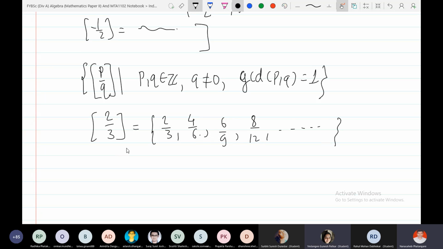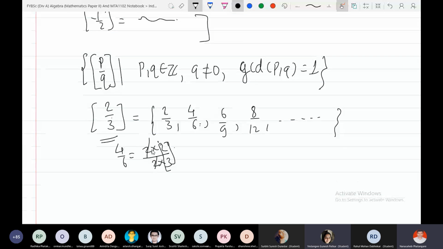This is the class of 2 by 3. And if you observe 4 by 6, it is 2 into 2 divided by 2 into 3. Whatever is common cancels out, and I will get 2 by 3. So what is the representative? The representative is 2p by 3p with the common factor removed, so the representative is 2 by 3. Therefore the class of 2 by 3 is obtained by multiplying numerator and denominator by 2, 3, and so on, and you will get the entire class. So the representative is 2 by 3.